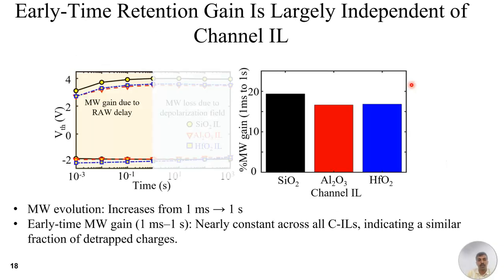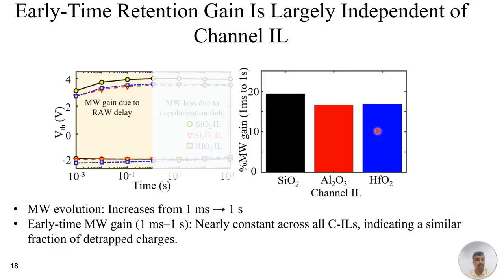Considering the first half, between 1 millisecond and 1 second, the memory window increases because of the read-after-write delay, which is primarily observed in the erased VTH state. To quantify the memory window gain, we computed the percent memory window gain between 1 millisecond and 1 second, and we see that the percent memory window gain is nearly identical regardless of the channel interlayer material that is used.